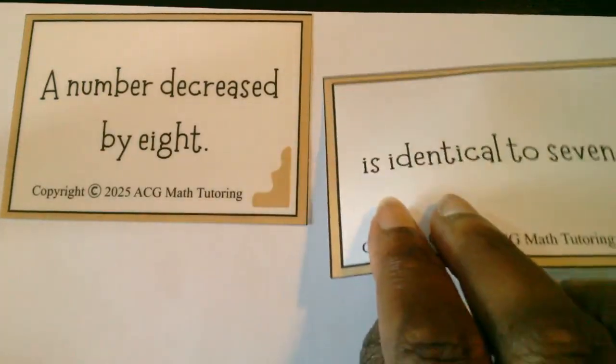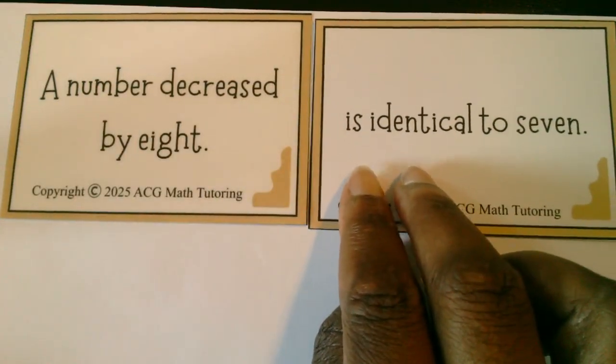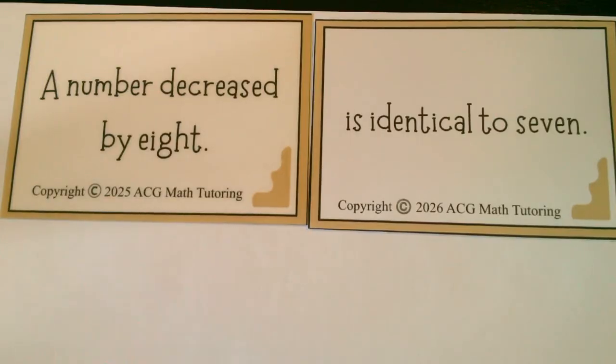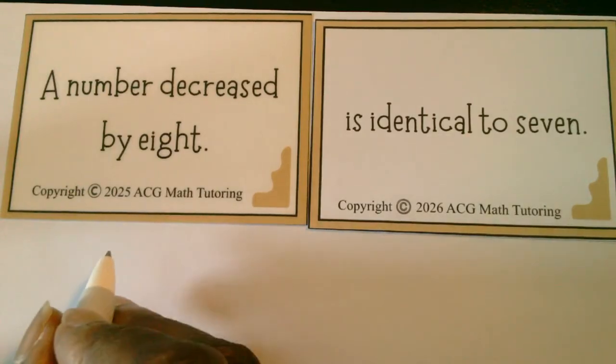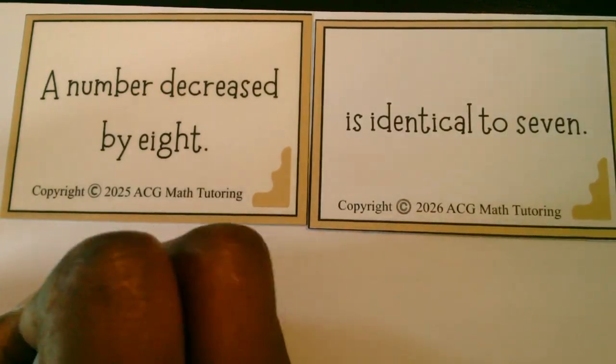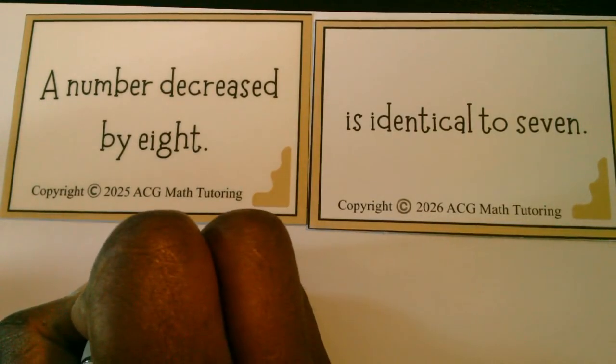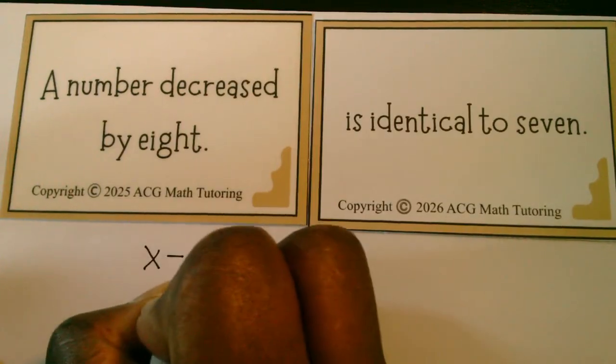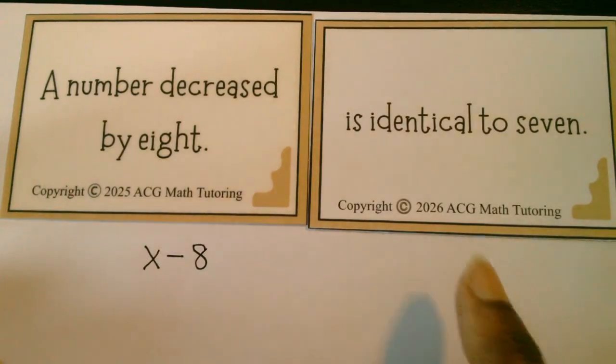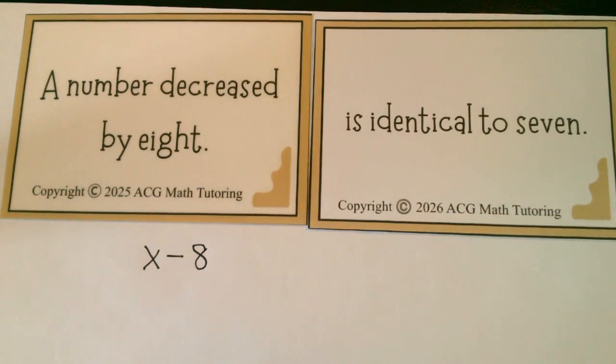So 3 is the extension, is identical to 7. Ooh, what does that mean? Okay, so we already got a number decreased by 8, so that will be our x minus 8. But what does is identical to 7 mean?